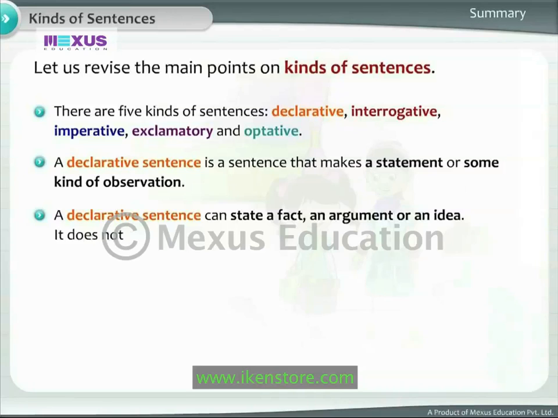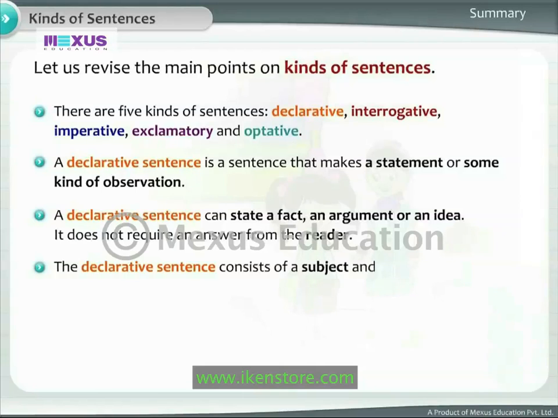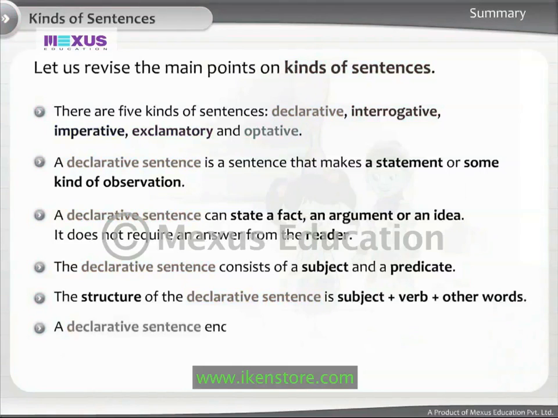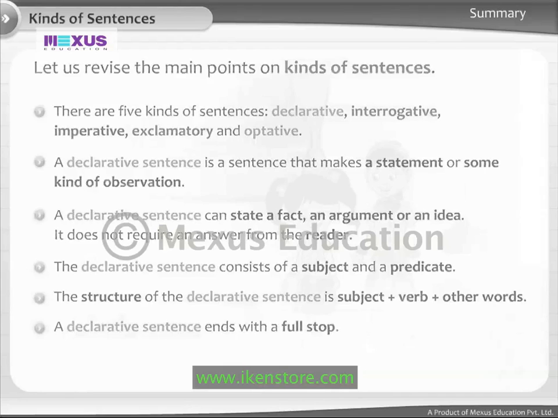It does not require an answer from the reader. The declarative sentence consists of a subject and a predicate. The structure of the declarative sentence is subject plus verb plus other words. A declarative sentence ends with a full stop.